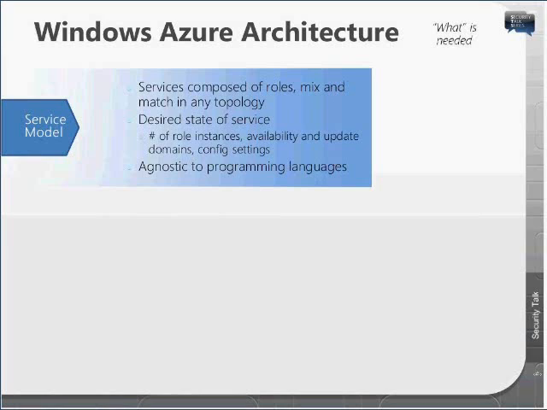So let's drill down a little bit more in the architecture of the solution, and let's begin reviewing different security aspects. Windows Azure is composed of a mix of roles that are deployed on the Microsoft Azure data centers.